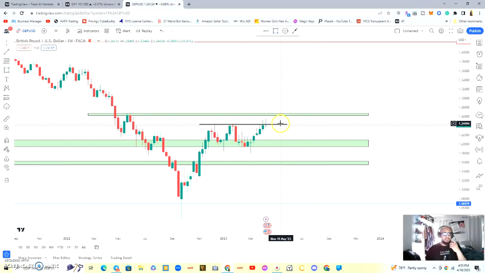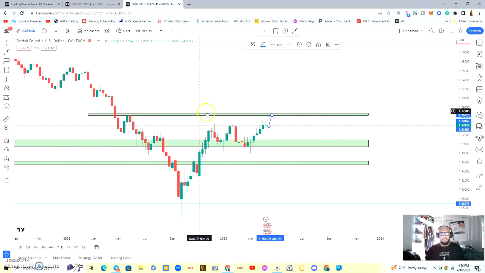So price needs to, no, let me use this other tool better. Yeah, price needs to close above this resistance. We need some closing candle above this zone to identify if we're going to reach that 1.2630 area to complete the inverted head and shoulder pattern.